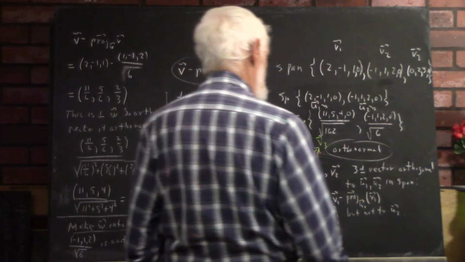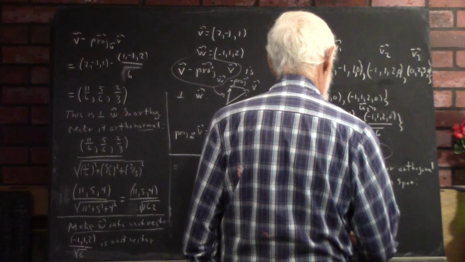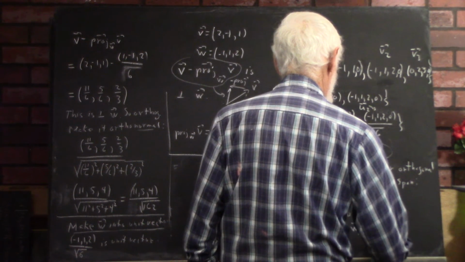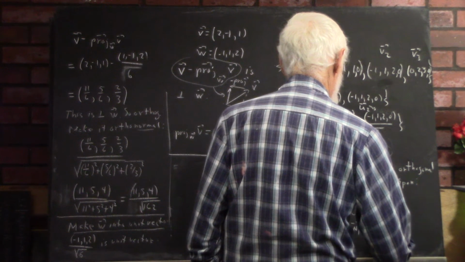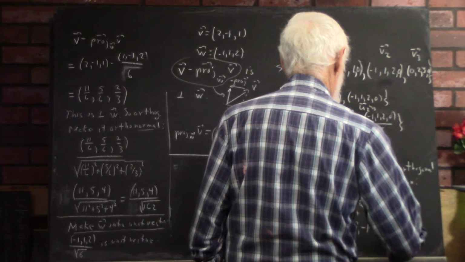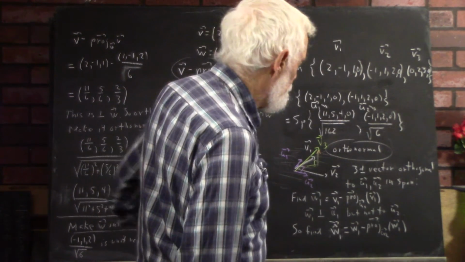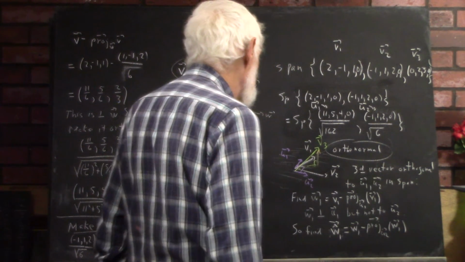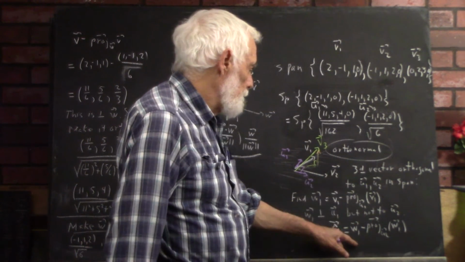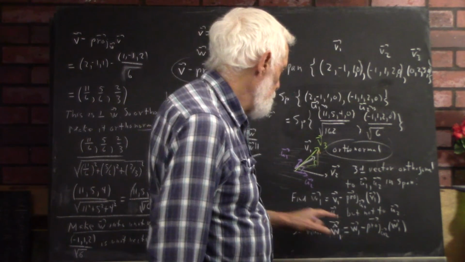Okay, find W1 hat equal to W1 minus its projection onto u2. That vector is still going to be orthogonal to U1, but now it's going to be orthogonal to U2.